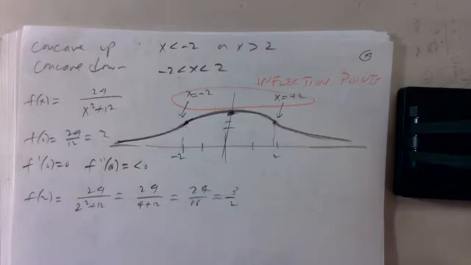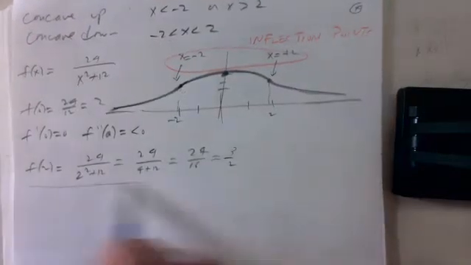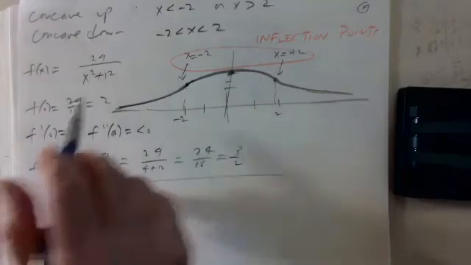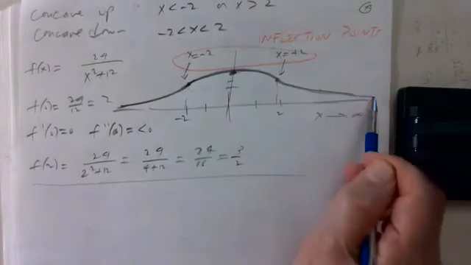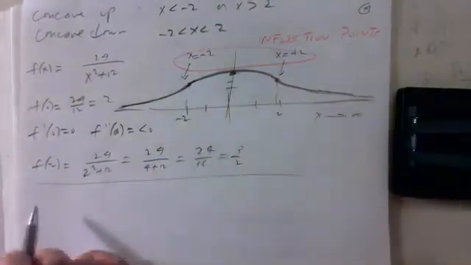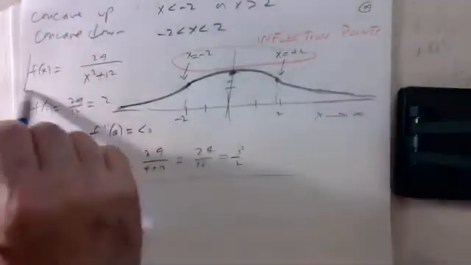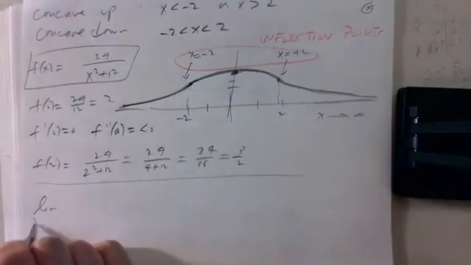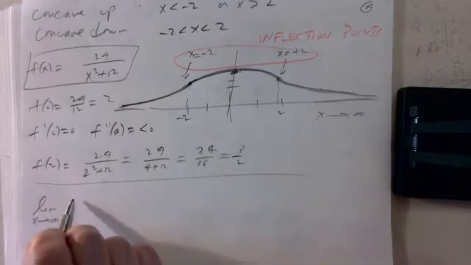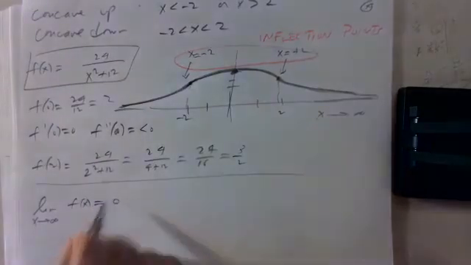We also see something else very interesting here, because we see that as x goes to +infinity, this curve is decreasing to 0. So for this function, 24 over x squared plus 12, the limit as x goes to +infinity of f of x is 0.